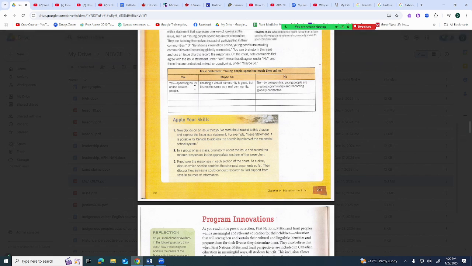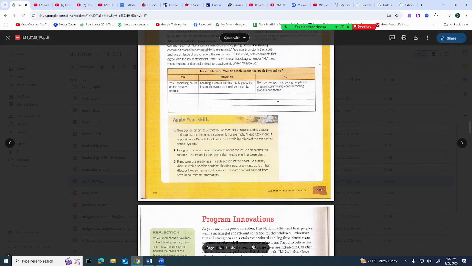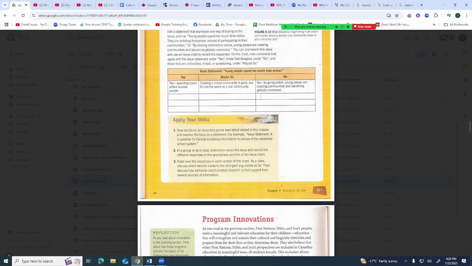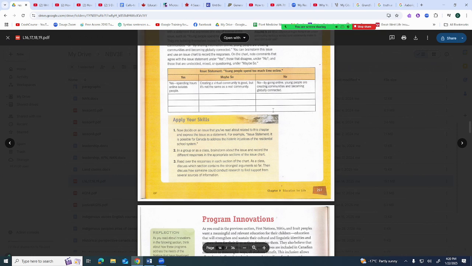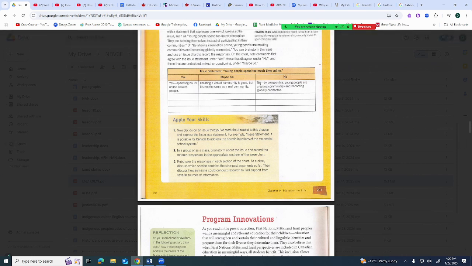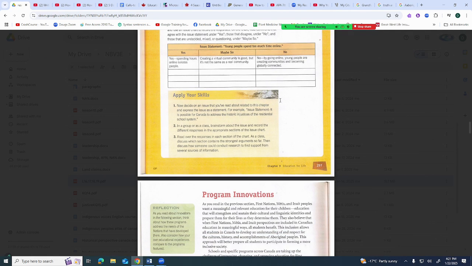You can take either side as long as you have enough pieces of information to fill in these different boxes here. You need your support to support your opinion.